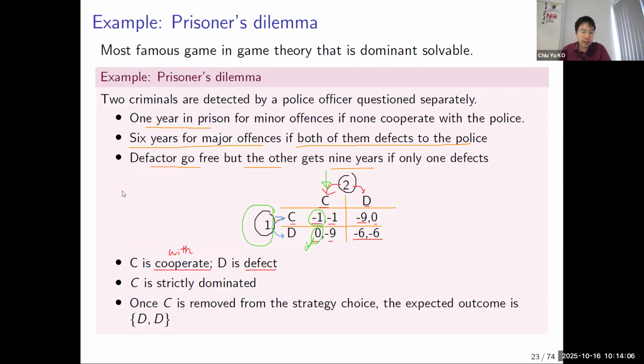Okay. And the other case is the other guy tells the police. If I remain loyal to my friend, then I actually go to jail, he goes free. If I also tell the police, I get 6, so D is better.